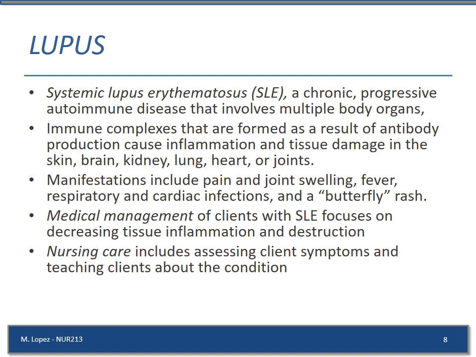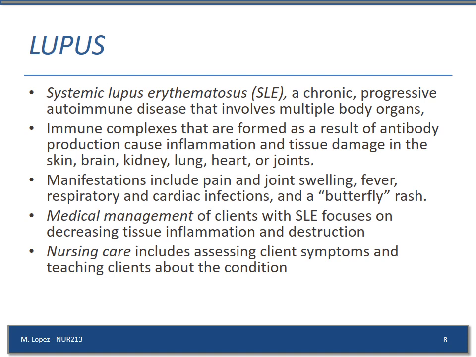Lupus is classified as an autoimmune disease. There are other autoimmune diseases that perhaps you've covered in previous courses, such as rheumatoid arthritis. Myasthenia gravis is going to be covered in Nursing 216. But here, let's give some background about lupus.